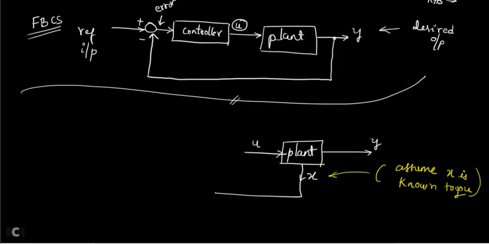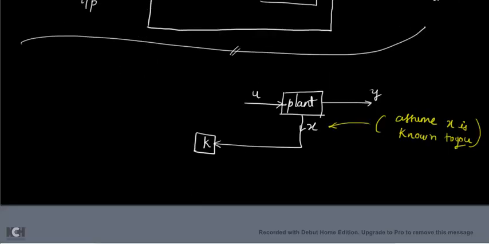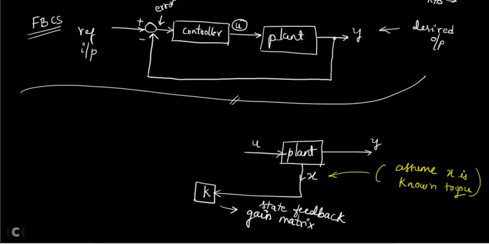Now this state feedback X has to be multiplied with a matrix, say K. This matrix can be called the state feedback gain matrix K. After multiplying the state variable feedback by the gain matrix K, we don't know what K is, that multiplied output should be given to a summer, where you subtract it from the reference input signal.